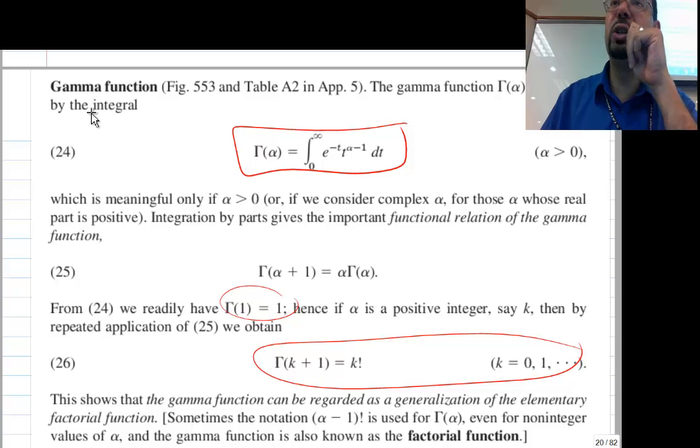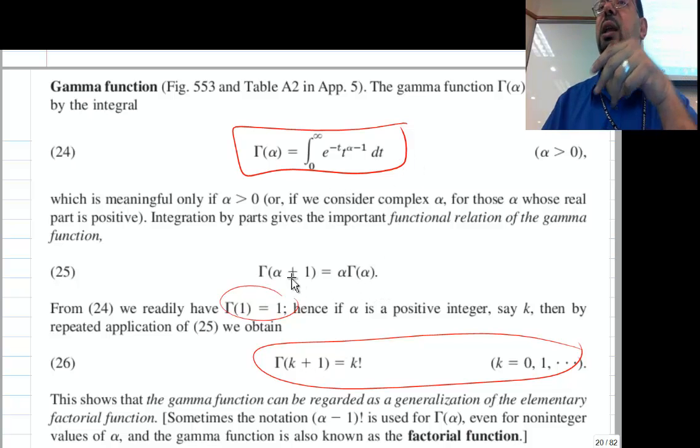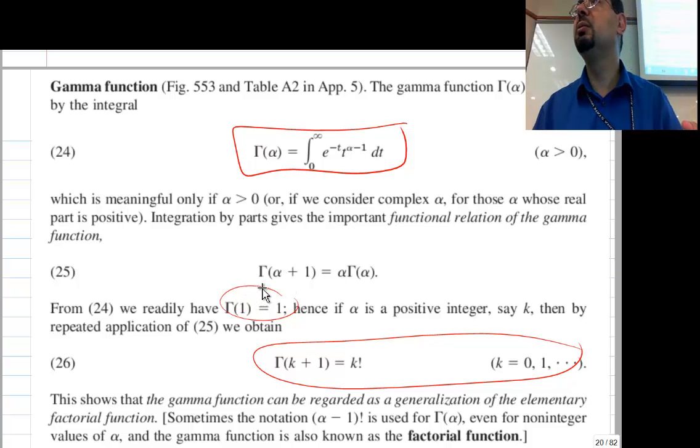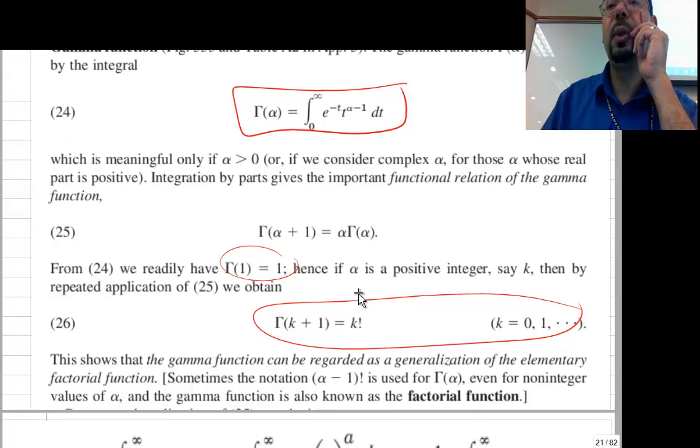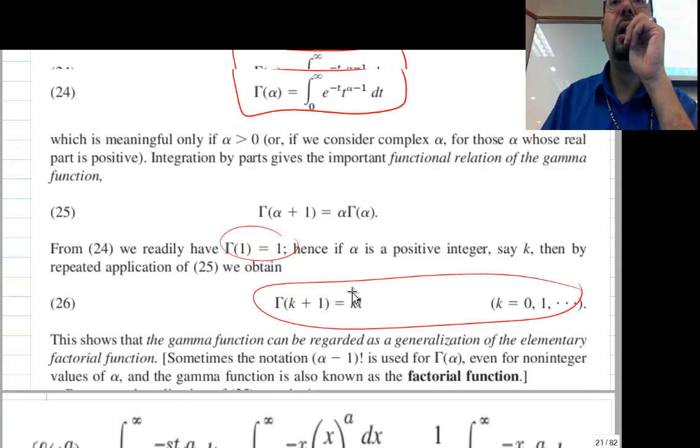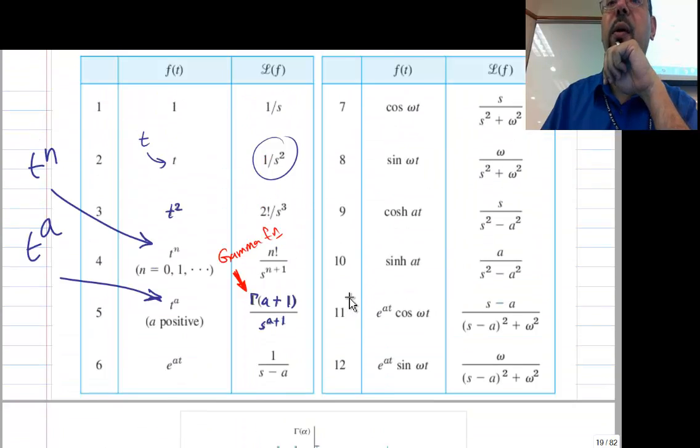You'll find the gamma function in our appendix, and there are tables that explain them for us. But basically that's the definition, and that's the recurrence relation, or how you bring gamma of something plus 1 from its lower value. Very good. So back to the table.